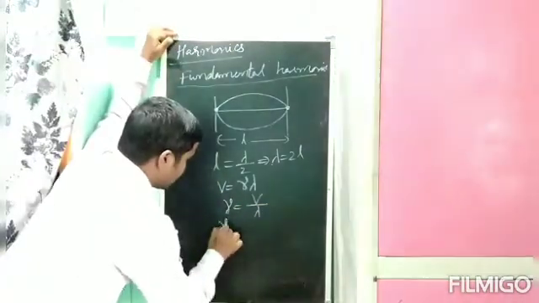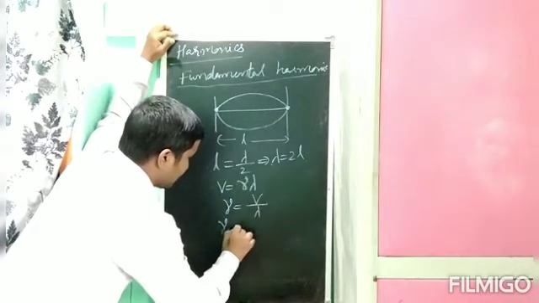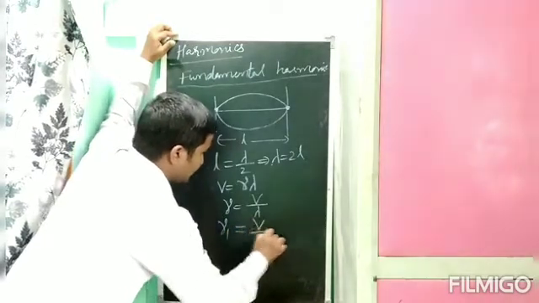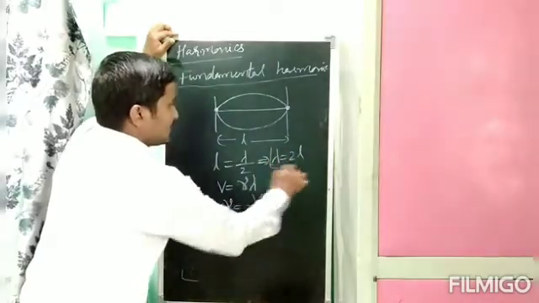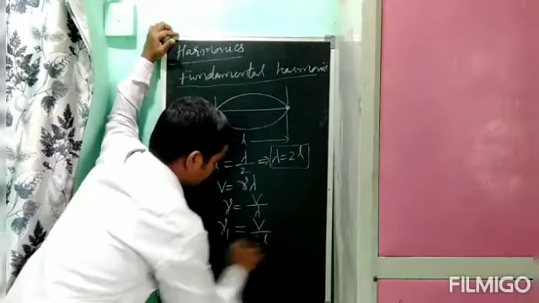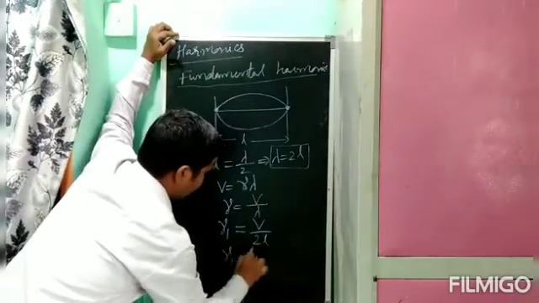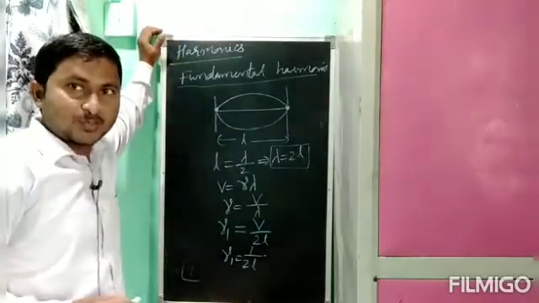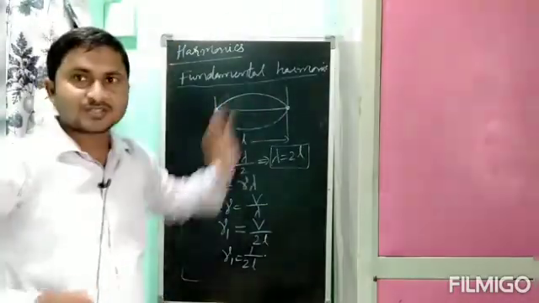Therefore the fundamental harmonic frequency is given by nu1 equals v by lambda. Here lambda is 2L, so nu1 equals 1 by 2L into v.